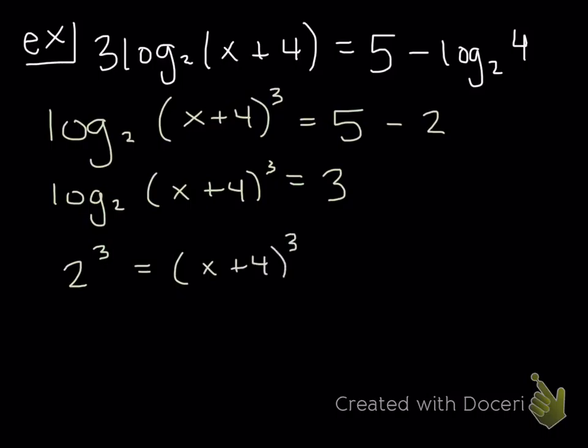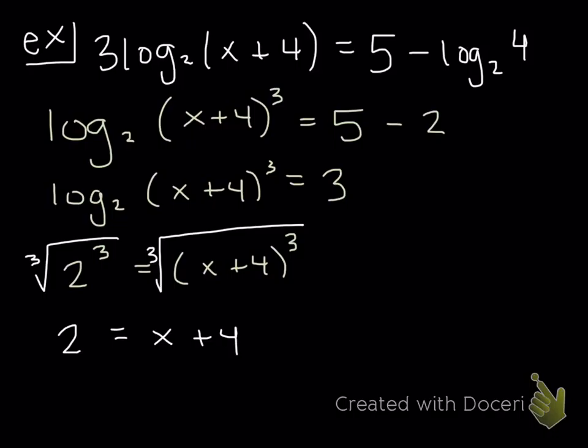And if I wanted to solve from here, I would get rid of the cube by taking the cube root of both sides. So both of those cubes are going to be canceling with that cube root, so that means I have 2 equals x plus 4. And then I subtract 4, and I get x equals negative 2.